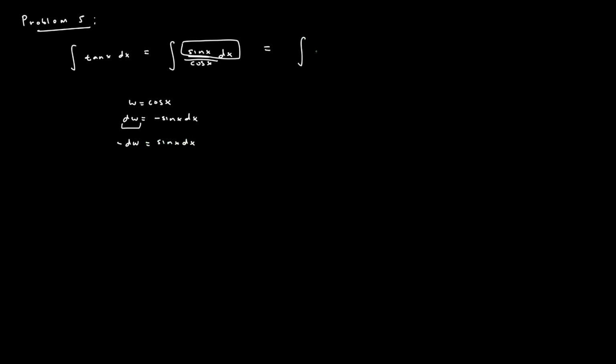We can rewrite this as minus, coming from that minus dw, 1 over w, because that was our substitution, dw. We know that this evaluates to minus ln absolute value of w plus c. And then that is finally minus ln absolute value of cosine x plus c.